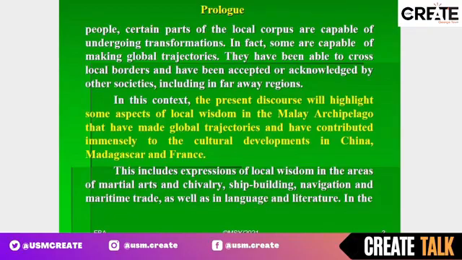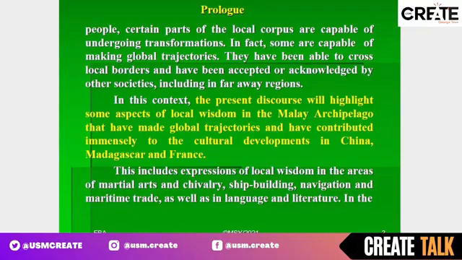The present discourse will highlight some aspects of local wisdom in the Malay archipelago. This includes expressions of local wisdom in the areas of martial arts and chivalry, shipbuilding, navigation, and maritime trade, as well as in language and literature.